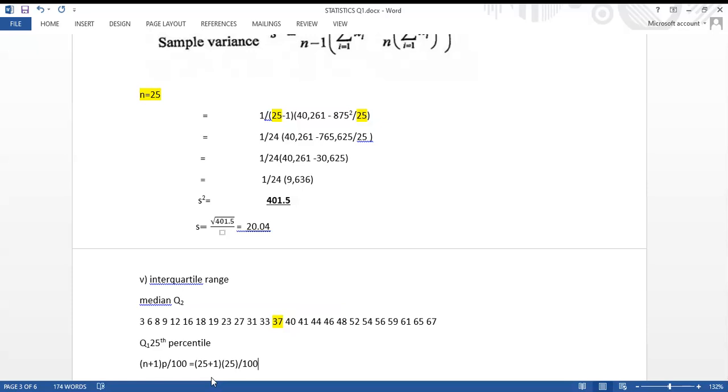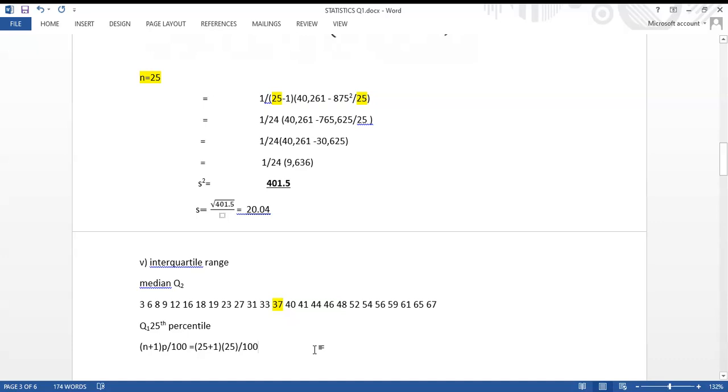So 25 plus 1 is 26, 26 times 25 is 650, divided by 100 is found at the 6.5th position.